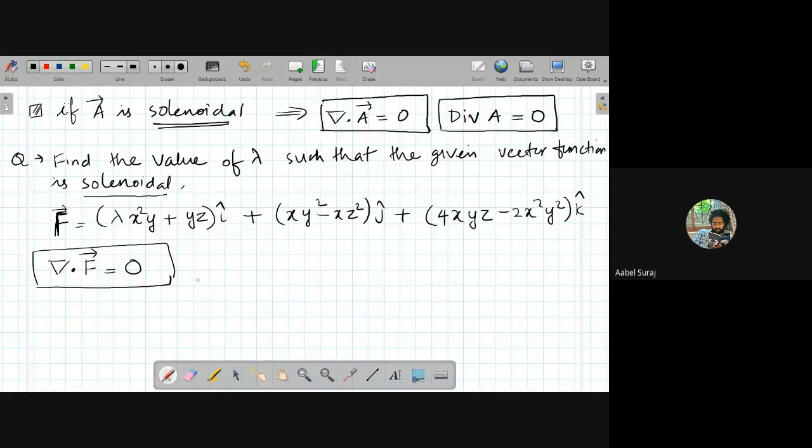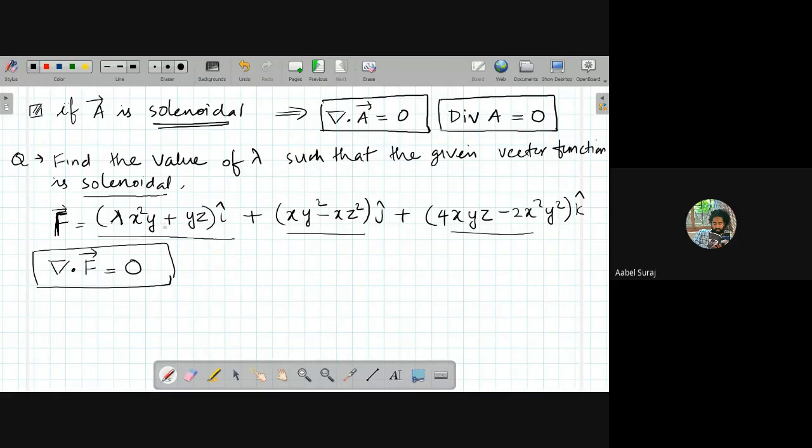See, you get the idea. Here I'm putting lambda. There is lambda only in the I cap coefficient; here we won't get lambda, and here we won't get lambda. So it is even easier. You just need to do this.